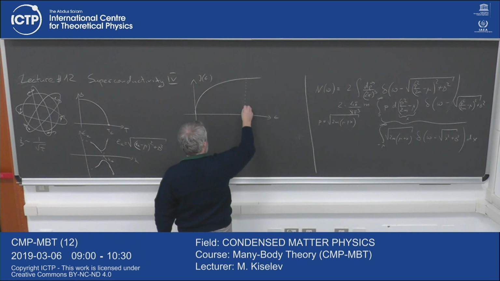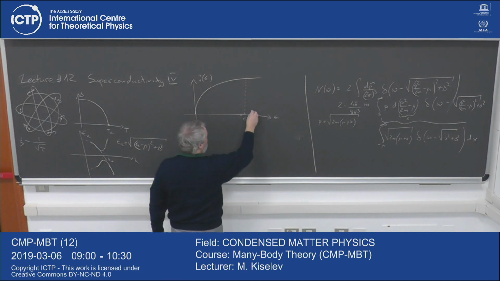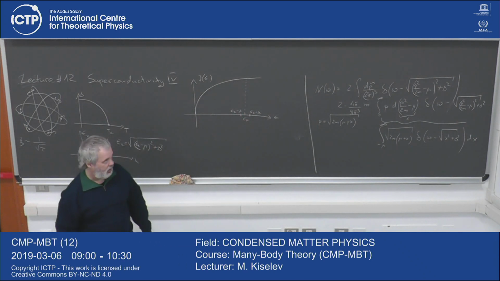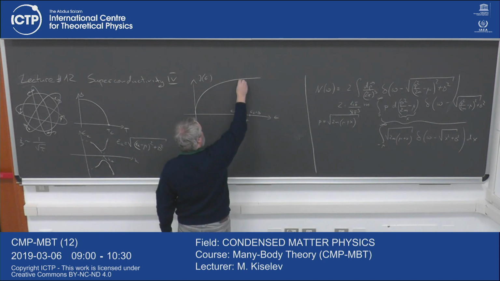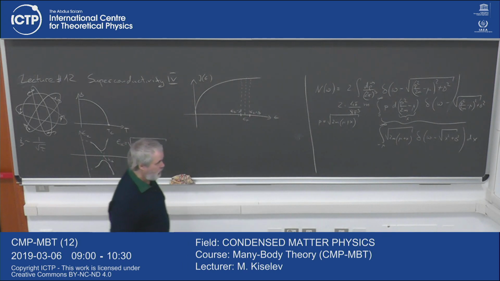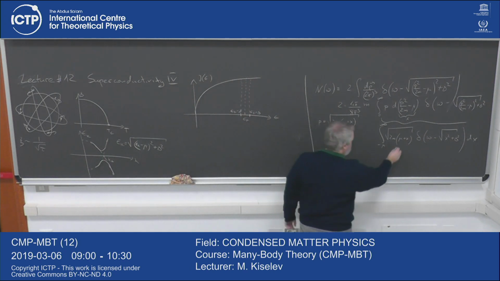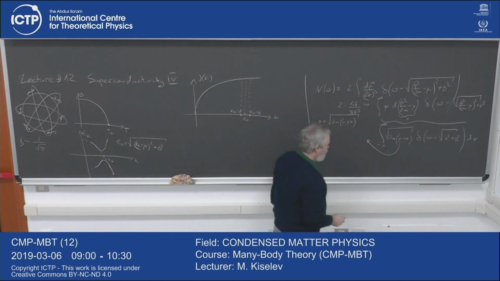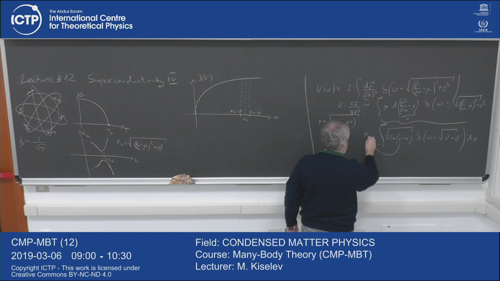Because what we are discussing are effects associated with EF plus delta and EF minus delta, and this is a tiny, tiny stripe in the vicinity of the Fermi energy. So this goes out and gives me actually pF.